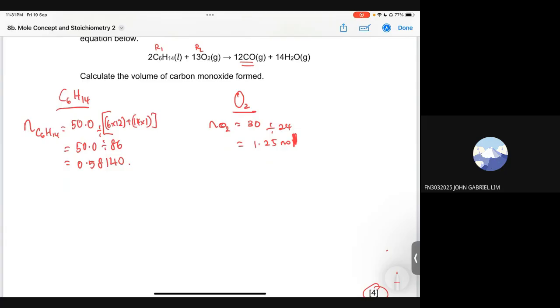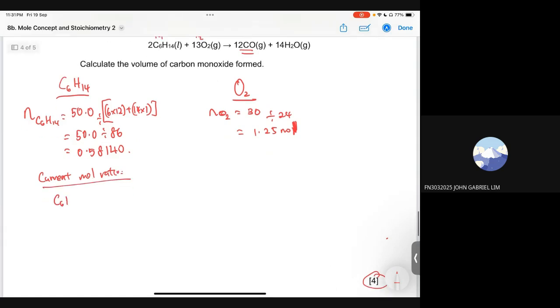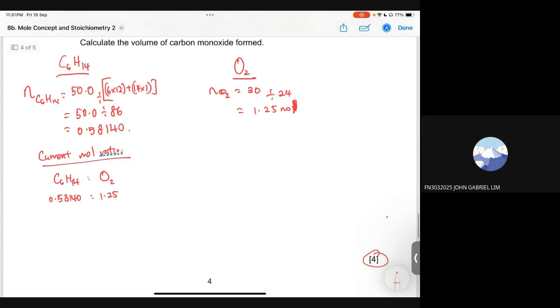Let's find the current mole ratio. I'm going to take C6H14 is to O2. Currently there's 0.58140 mole of C6H14 and 1.25 mole of O2. Remember, you cannot use these numbers directly, so let's convert it to 1.